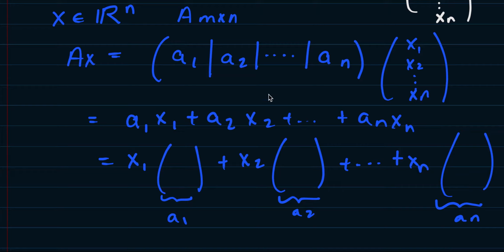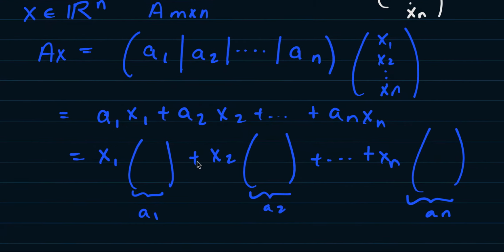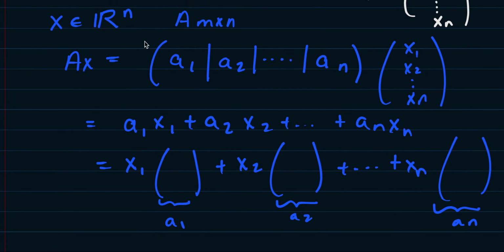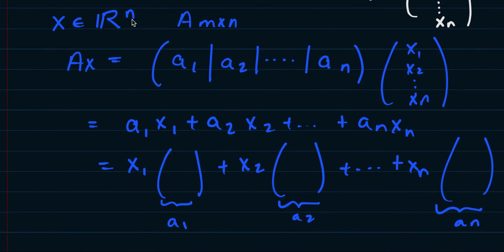So the range, you can see, is just the column space of A, because it's linear combinations of the columns. Here, these x's can be anything in R, because this whole vector x is in Rn. And so we're just taking linear combinations of the columns, which is exactly what the column space is.